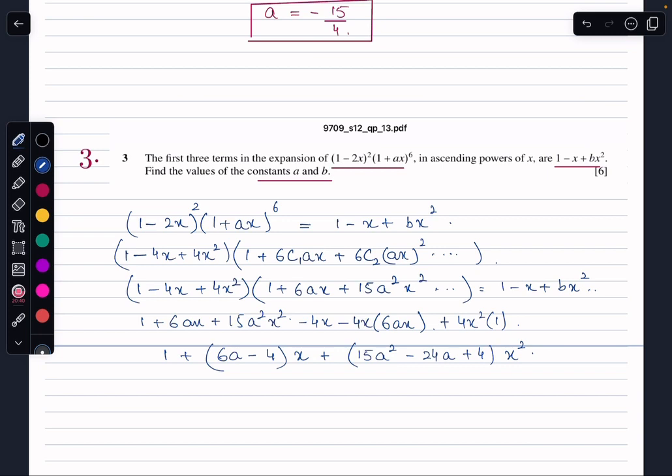By comparison, now I should say that initially they have given us the final expansion as 1 minus x plus bx². So I will be comparing it with 1 minus x plus bx² here.